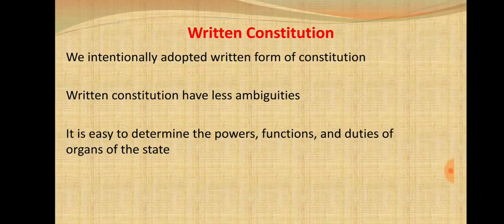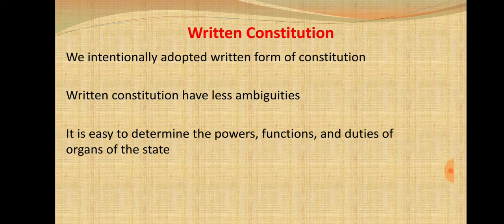So friends, the first characteristic of the Indian Constitution is that it is a written constitution. We intentionally adopted a written form of constitution because the United Kingdom follows an unwritten constitution, but there may be ambiguity or vagueness in the concept of an unwritten constitution.